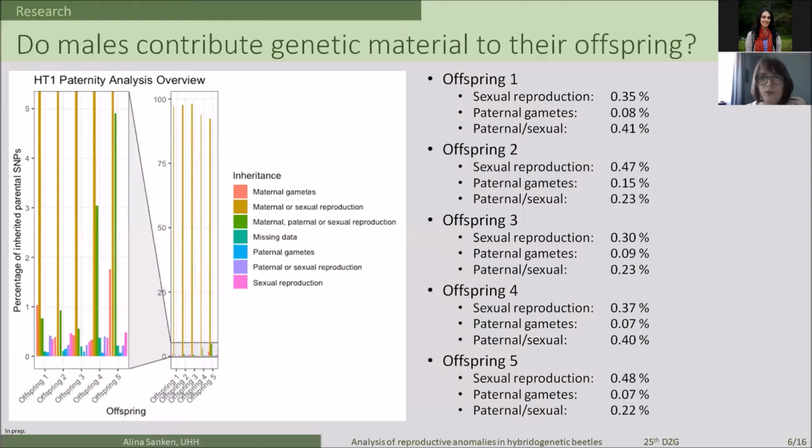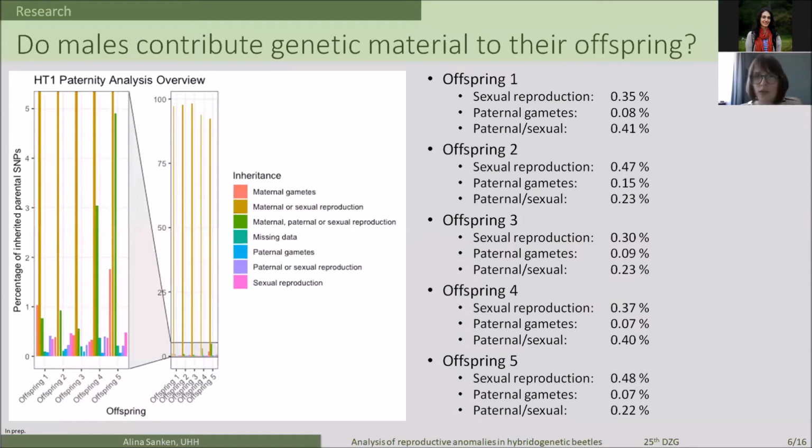Here I put the mean values of the three just mentioned inheritance types, so you can see how low a percentage we're dealing with. None of the inheritance types showed inheritance over 0.5%.